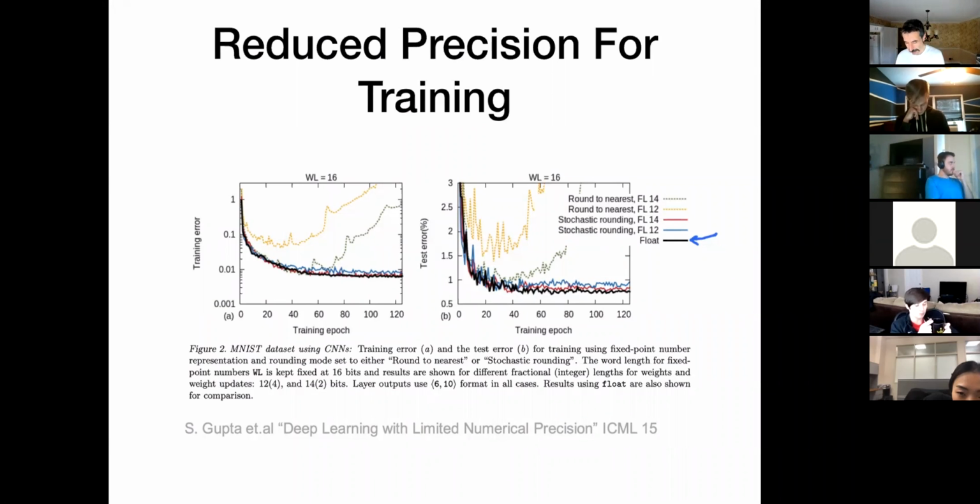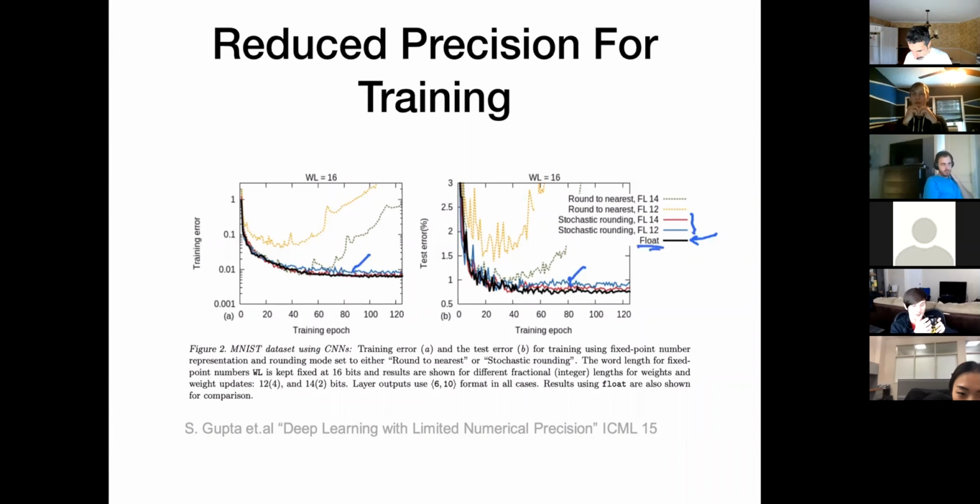Mixed precision is when you use floating point 12 and 14, right? You see that they converge similarly, similar to the floating point representation.